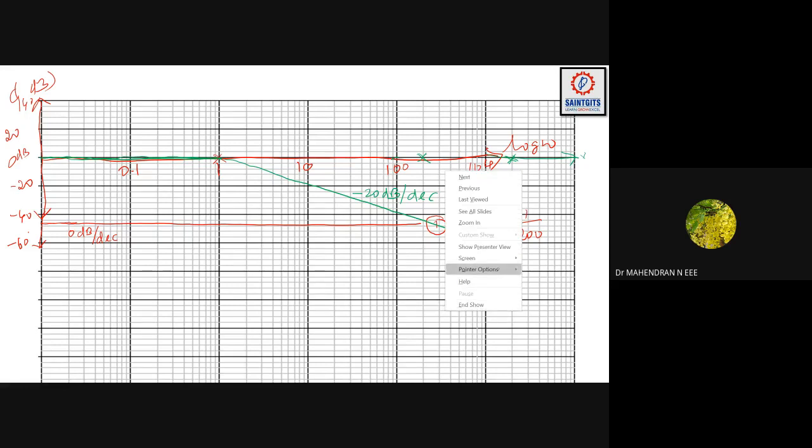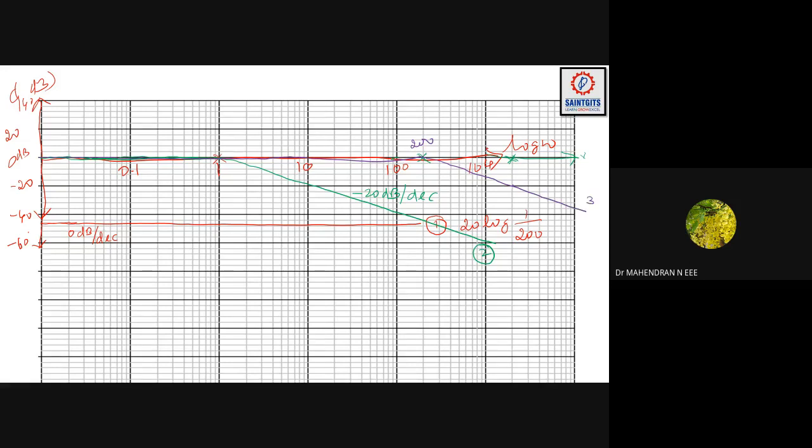Now we can plot the Bode magnitude plot for the third term. From the origin, this is the corner at 200, and the next will be 2000.